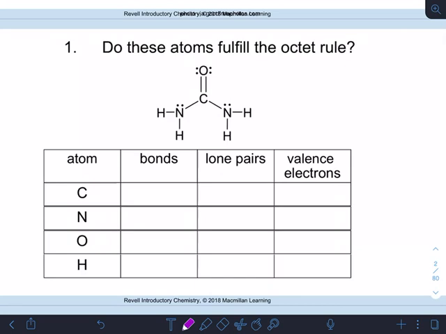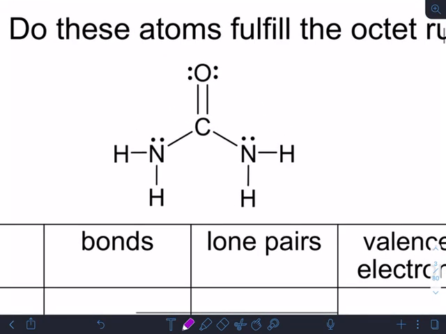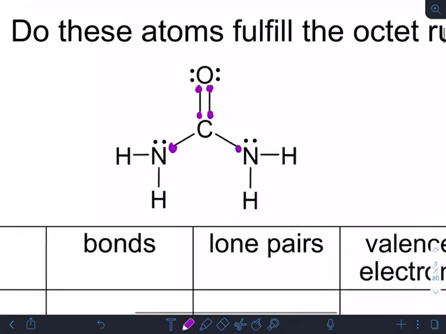Okay? So when we look at our first one here, this is where you would like to pause the recording and try this out. But I'm going to explain it first. So after I explain it, then give it a shot. The question says, do these atoms fulfill the octet rule? So looking at this drawing, I'm going to zoom in here. Imagine that there is a dot at the end of each line.